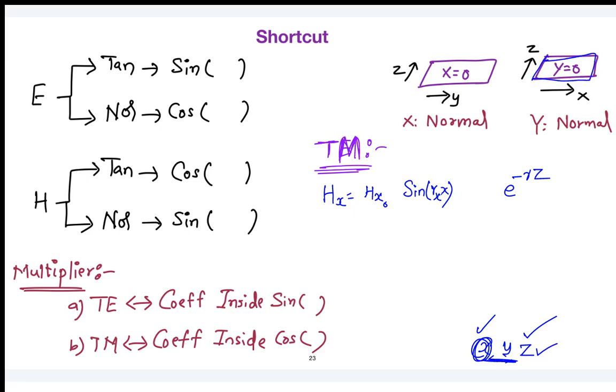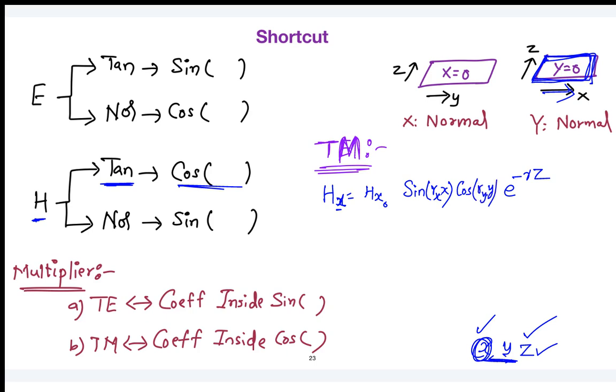Since again your intended direction is x, with respect to this plate, x will be tangential. So when you go back to the magnetic field and tangential component, you are going to get cos(γy·y).